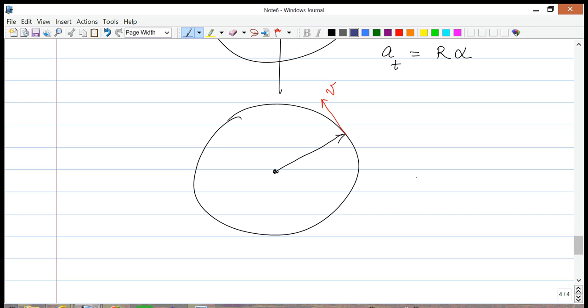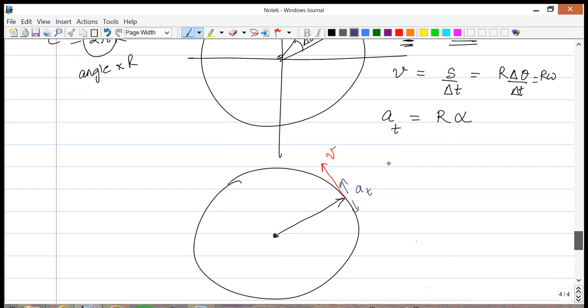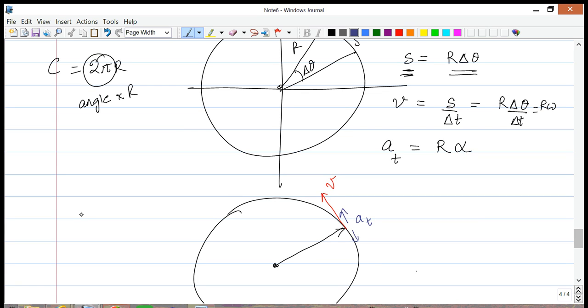It could either be in the direction of the velocity or opposite the direction of the velocity, depending on whether it's speeding it up or slowing it down, but it'll be in one of these directions. So a tangential could be either parallel with the velocity or in the opposite direction. The key thing is that it is tangential. Alright, so we have all these things. In the next video we'll look at some applications.